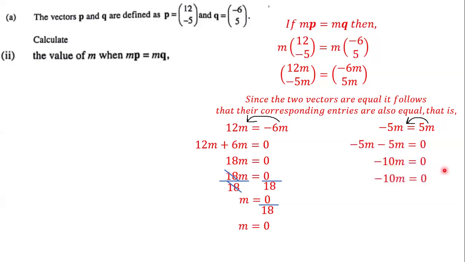We divide both sides by -10. This cancels with that, so we get that M is equal to 0 divided by -10. And 0 divided by -10 is simply 0. So if MP is equal to MQ, then the value of M is going to be 0. So M is equal to 0.